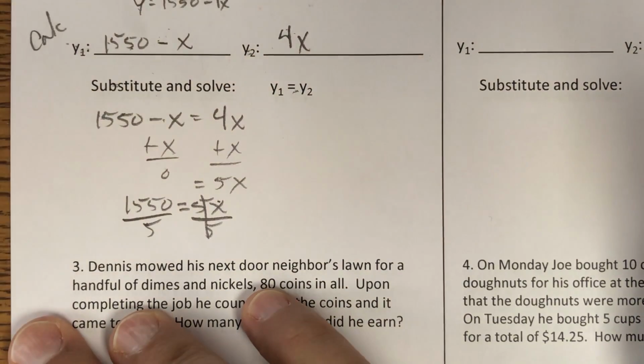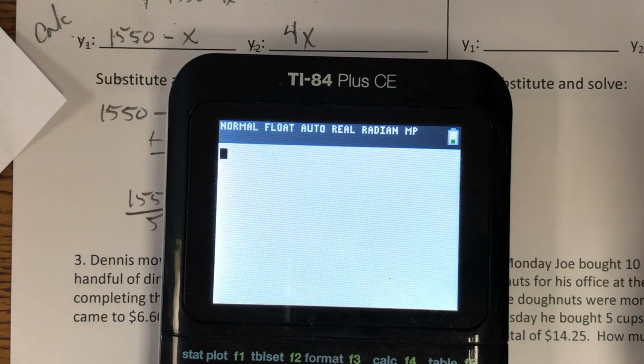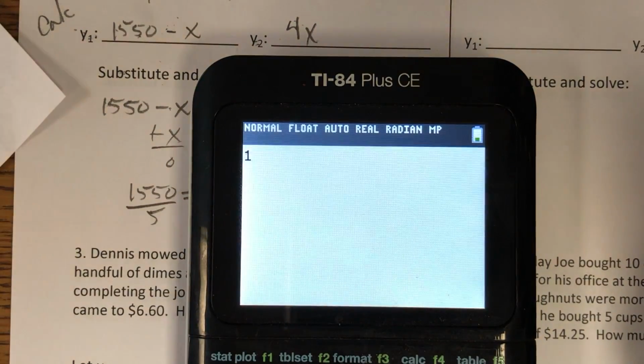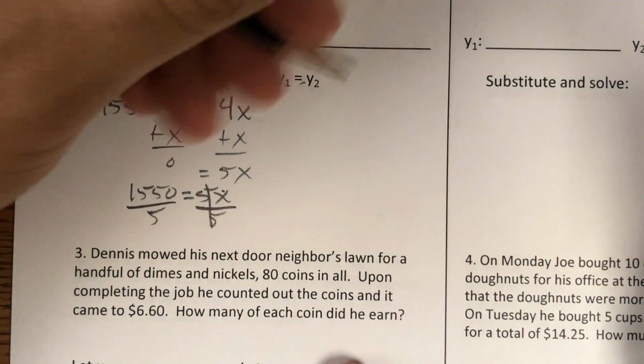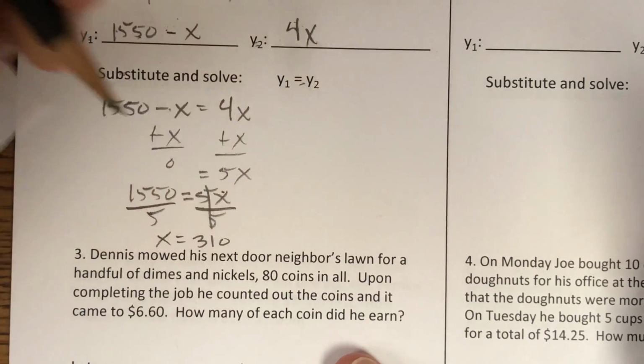So now, break out my trusty calculator. We have 1,550 divided by 5 equals 310. So x equals 310.